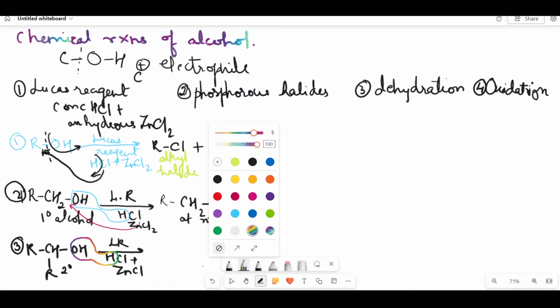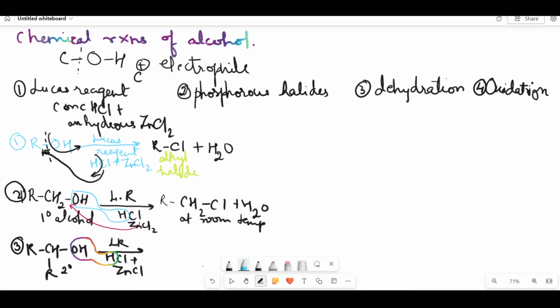This leaves and the chlorine from here gets linked to this carbon.